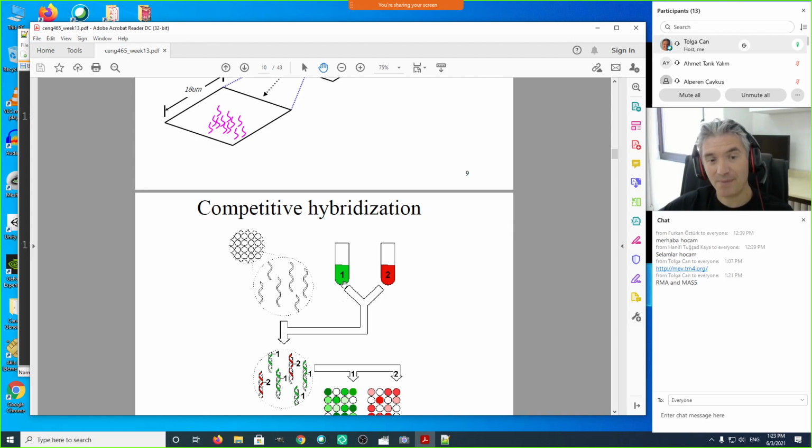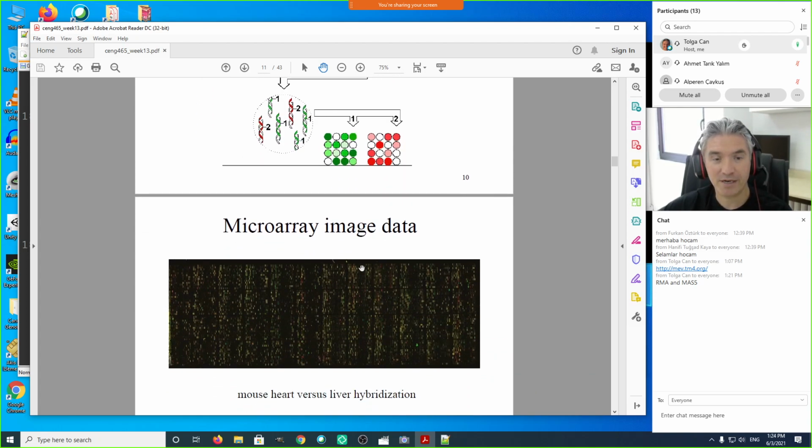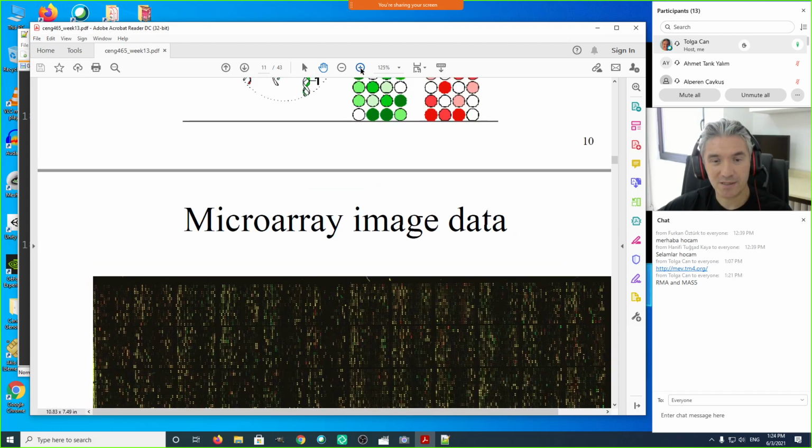For example, this may be the disease case, this may be the control case, and the messenger RNAs from two different samples are then combined together after they are dyed with separate colors, and they are poured together into the chip, and they compete with each other in hybridizing to these locations.